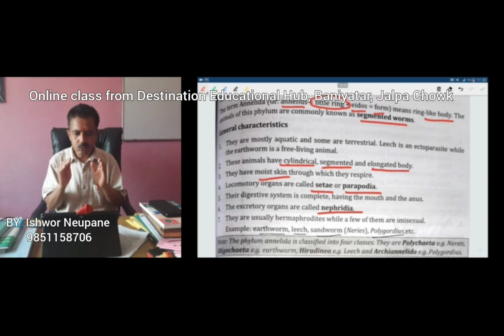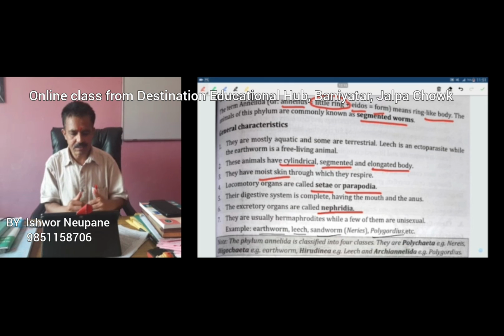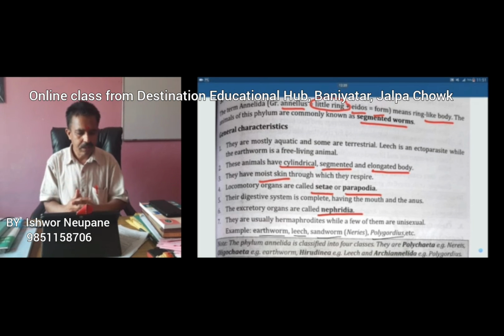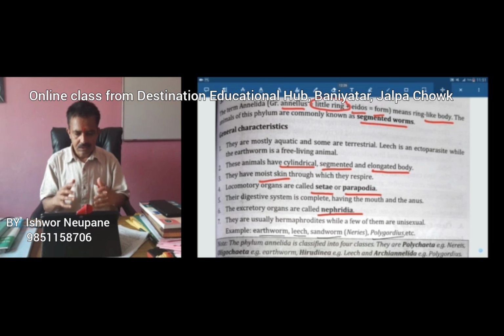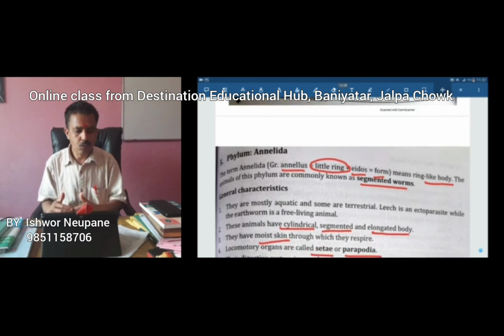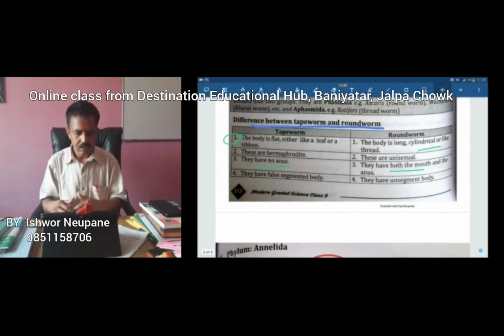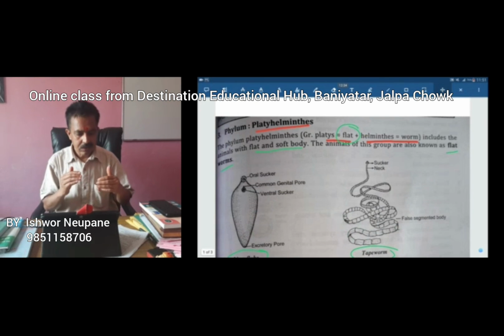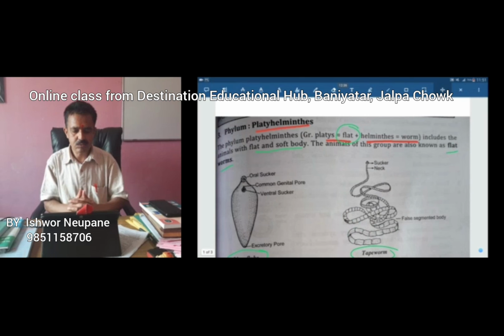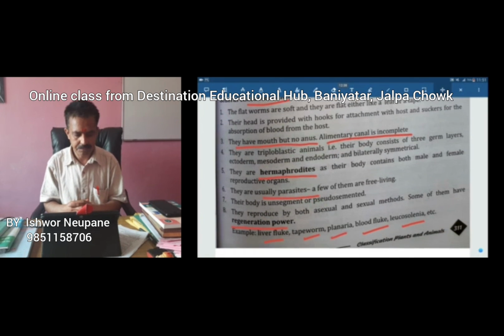So we have to write those characteristics which are not present in others. That's why I said, in case of Annelida, cylindrical body, segmented and elongated, respiration through moist skin, move with the help of seta or parapodia, and throw unnecessary substances with the help of nephridia.